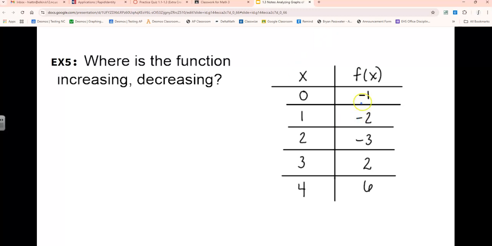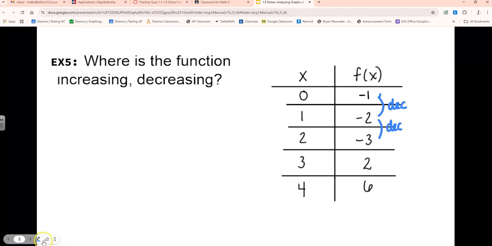So I know from -1 to -2 what's happening there. Am I increasing or decreasing when I go from here to here? That's decreasing. All right, from -2 to -3, that's decreasing, right? How about from -3 to +2? That's increasing.